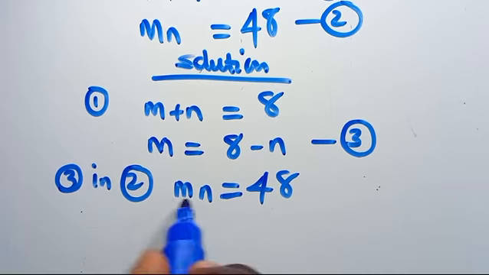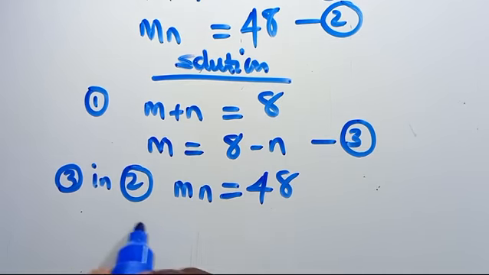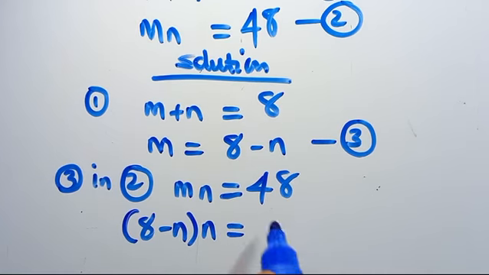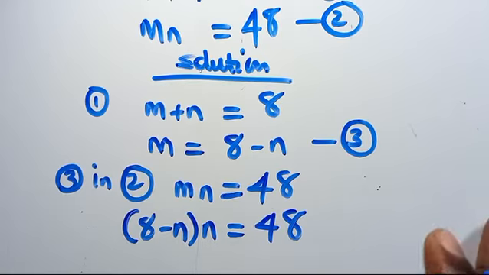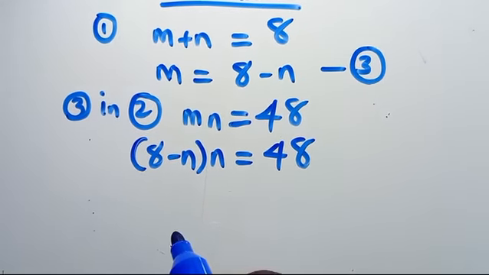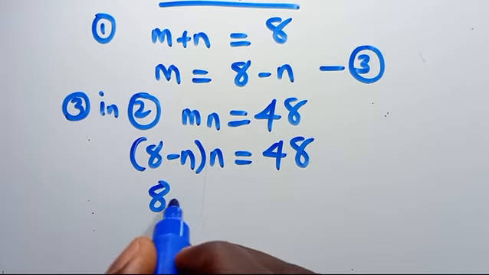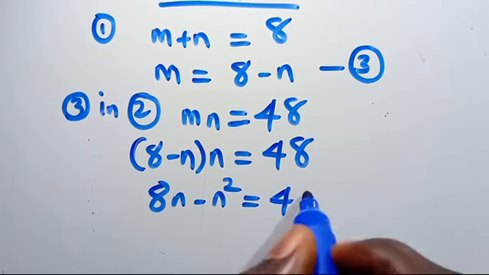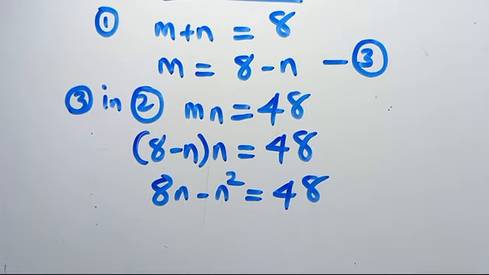Then from here we are going to have 8 minus n times n equals 48. So we have 8 times n, this will be 8n minus n squared equals 48.